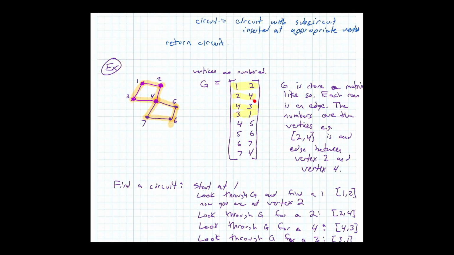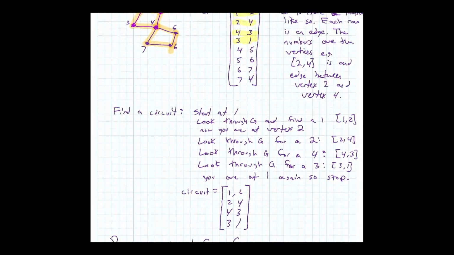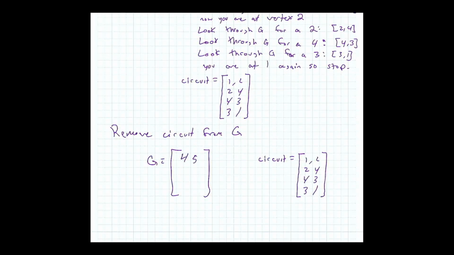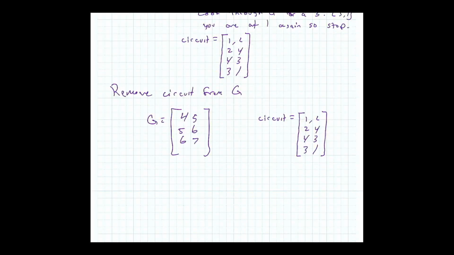The yellow is the circuit. So you remove all that. If you remove all that, you're just going to have this bottom part left. So you're going to end up with G being 4, 5, 5, 6, 6, 7, 7, 4.